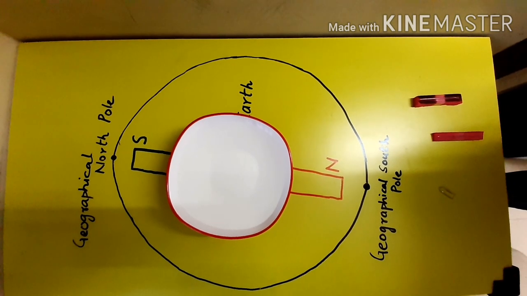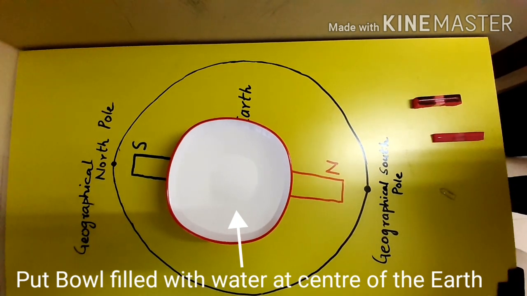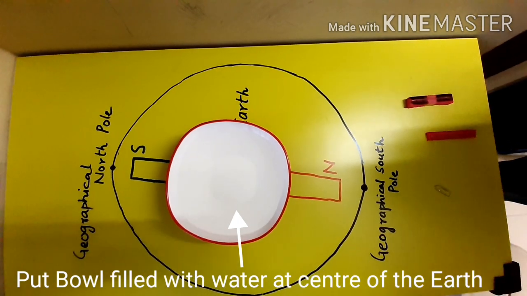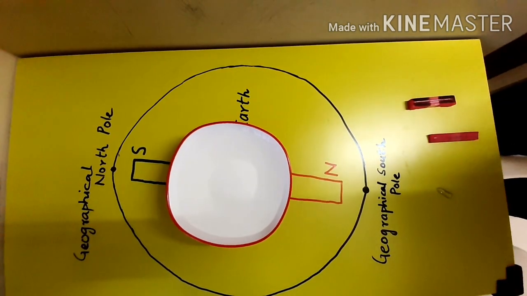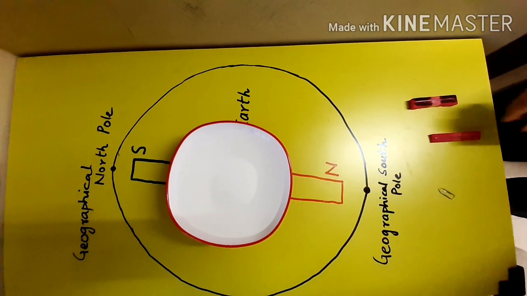Now I have put the bowl filled with water at the center of this earth. I have taken two needles. We have magnetized the first needle by striking it with a magnet.